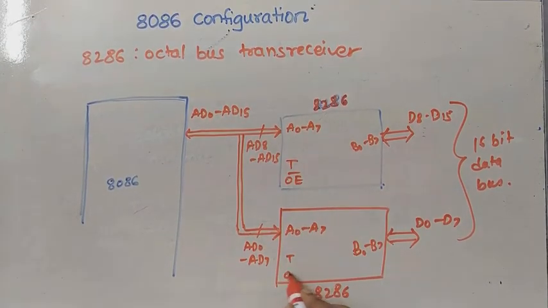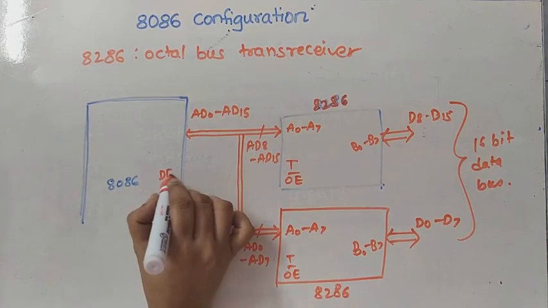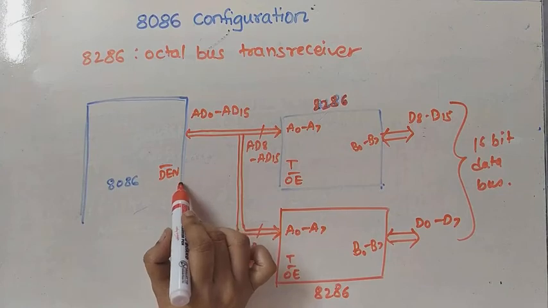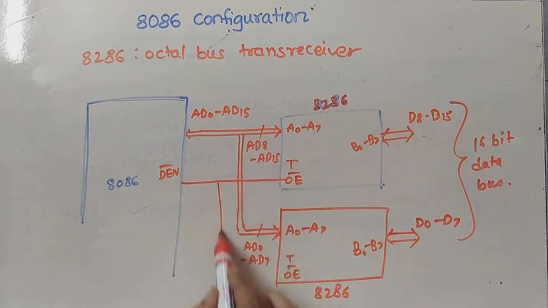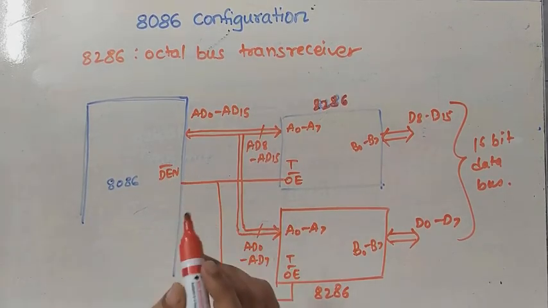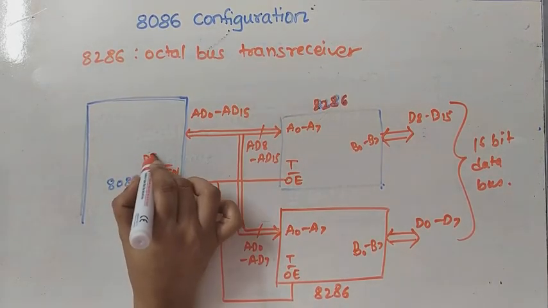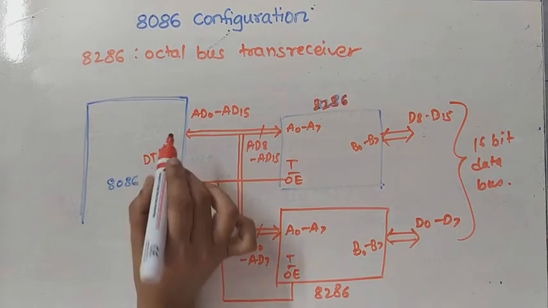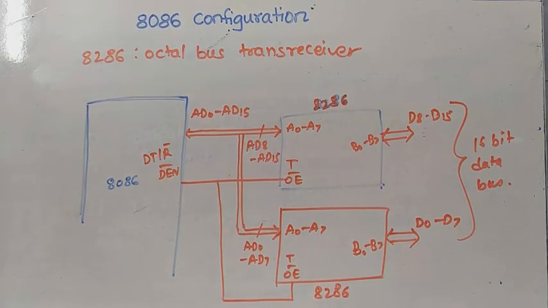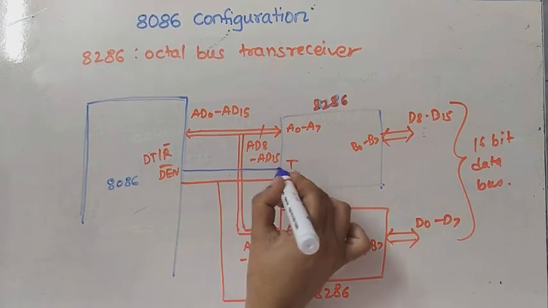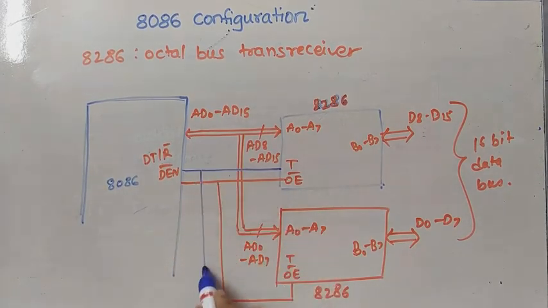That OE bar is connected to the DEN bar pin, and the data transmit receive pin, DT/R bar pin, of the microprocessor is connected with this transmit pin. So in this way we are going to interface this bus transceiver with 8086.